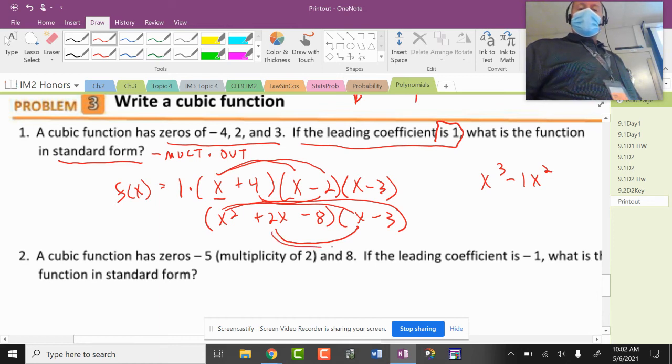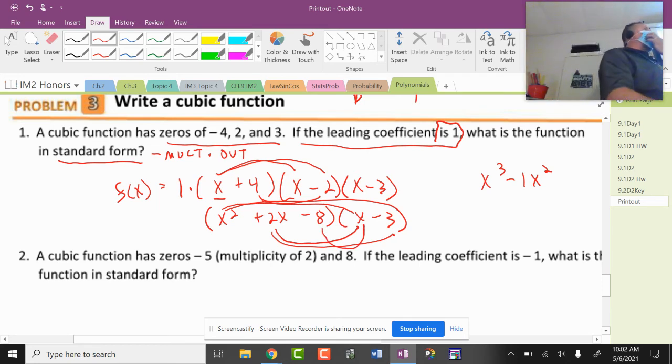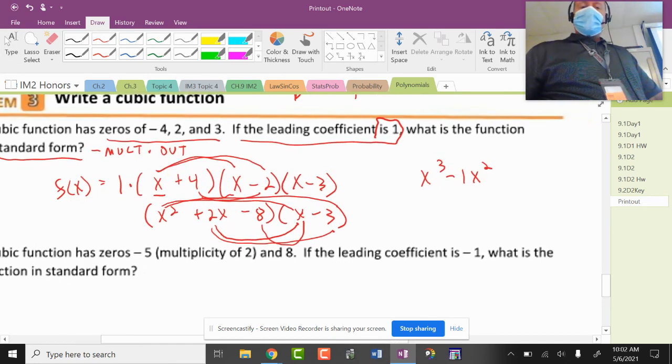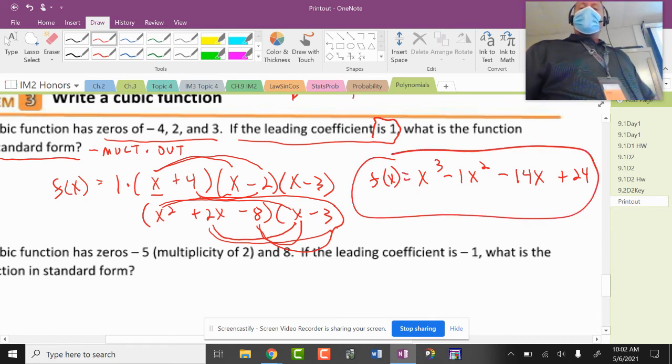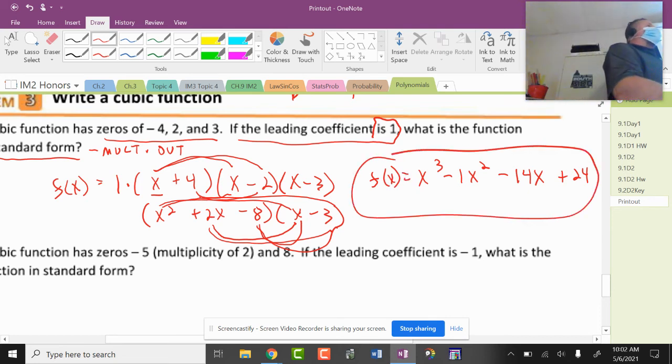And now 2x times -3 is -6x and -8x. What's -6x plus -8x? -14x. If you don't want to do that and write them down, go for it. The more you do this, the more chances you have of making a mistake anyway. So tread lightly. Now, leading coefficient was 1. I'm not distributing a 1. It doesn't change anything. So that's the final answer in standard form.